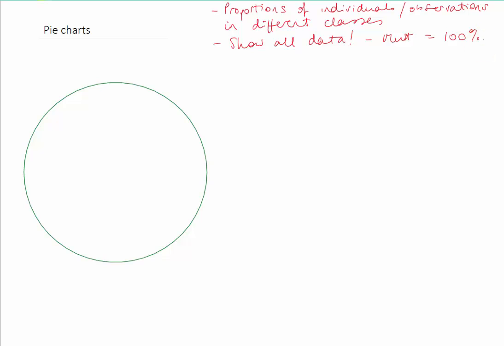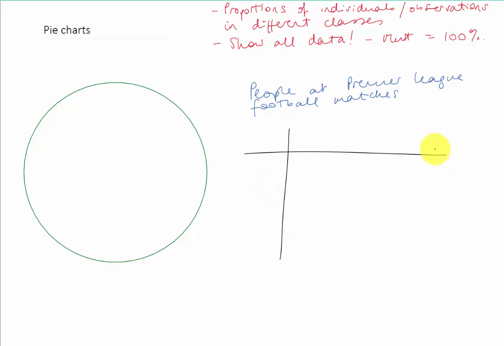Alright, so I'm just going to start with an example. So how about people at Premier League football matches? And let's imagine we counted 500,000 people. So here's a table showing our data.